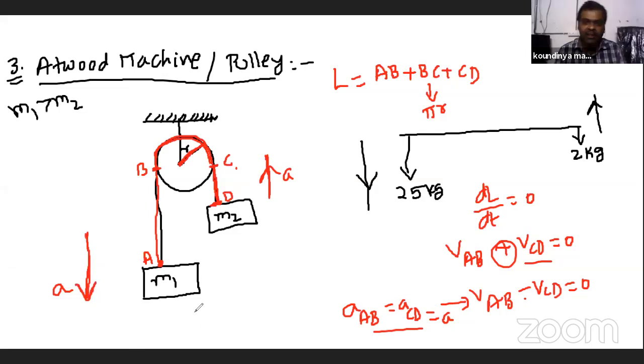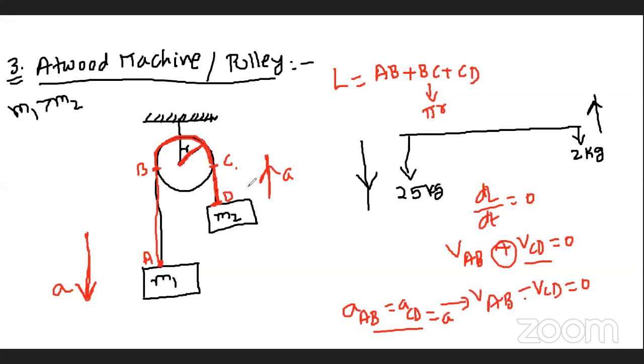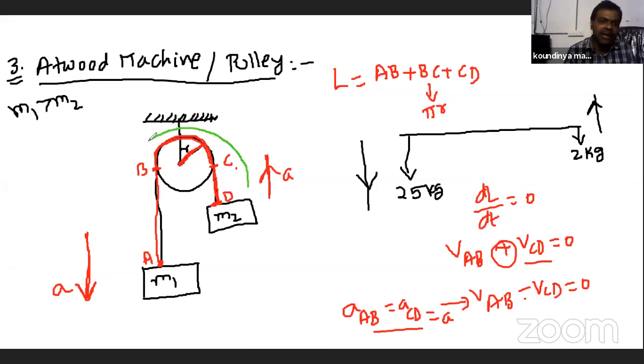Now carefully observe the direction of motion. Here M2 is moving around the pulley towards M1.